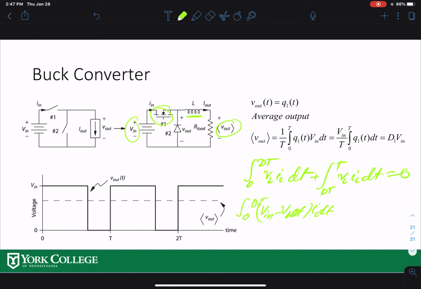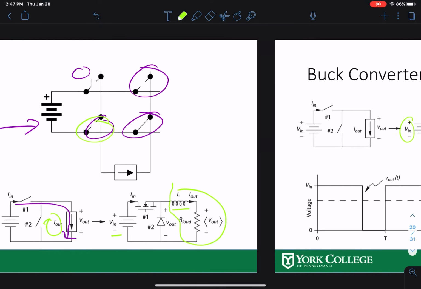You remember that your inductor current cannot be changed instantaneously. We're going to call it constant current. That's how you're using this part as a current source. Plus the integral from DT to T. Now when switch 2 is on, there is a loop here. Current is looping here, so your V_L would be negative V_out. So this is negative V_out times I_L dt, and the total should be equal to 0.